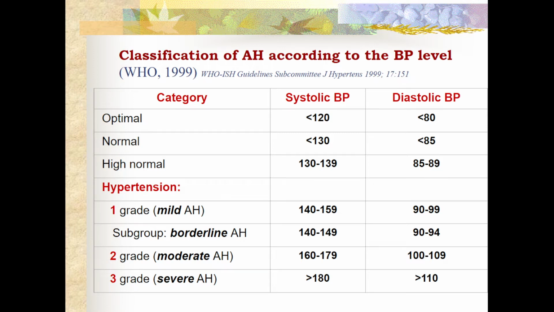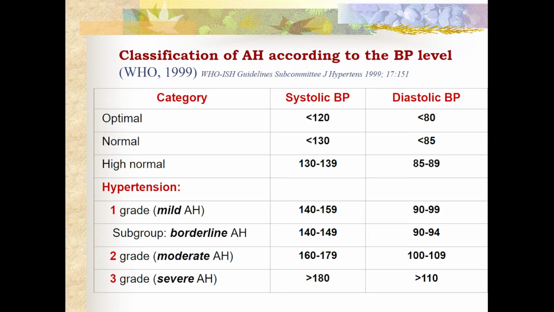Second grade or second degree is established when systolic blood pressure consists of 160 to 179 mm of mercury and or diastolic blood pressure consists of 100 to 109 mm of mercury.